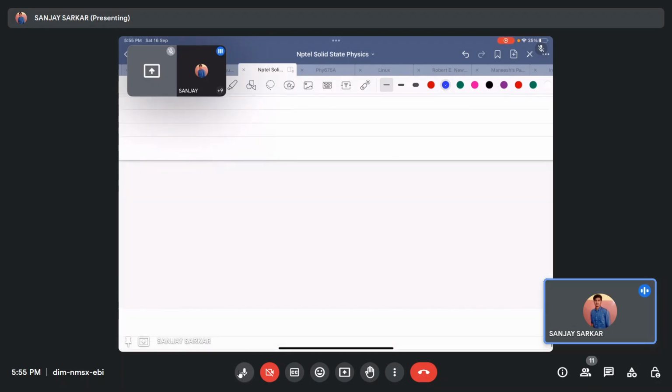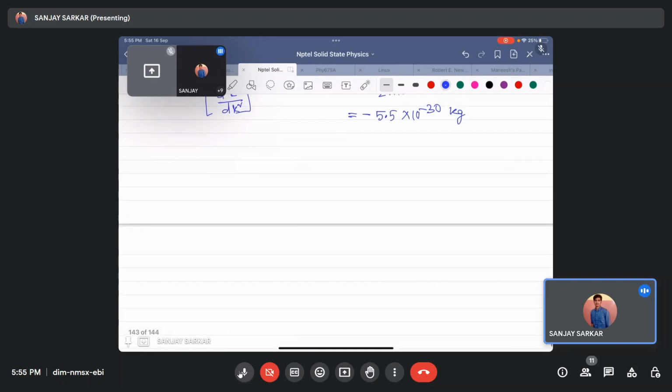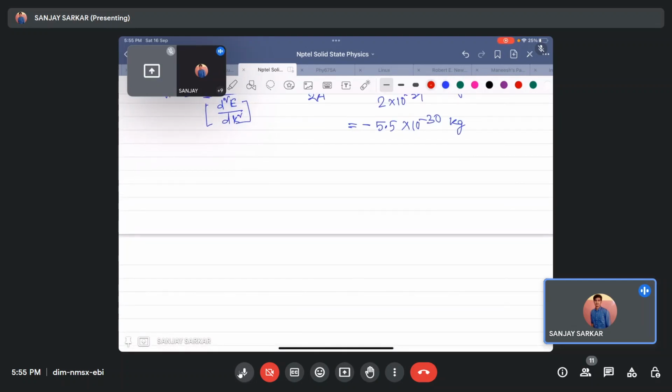Now we can solve a problem for finding group velocity also. So since we already have solved 3 problems from the effective mass, now let's solve a problem to find the group velocity.